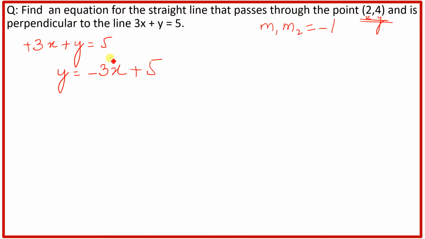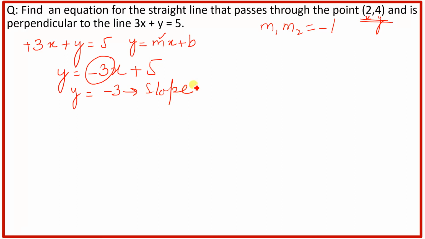As we know, the coefficient of x is the slope of the equation. This equation is in the form y is equal to mx plus b, where b is the y-intercept, m is the slope, and x is the variable. So the coefficient of x is considered the slope, and here the slope is negative 3.